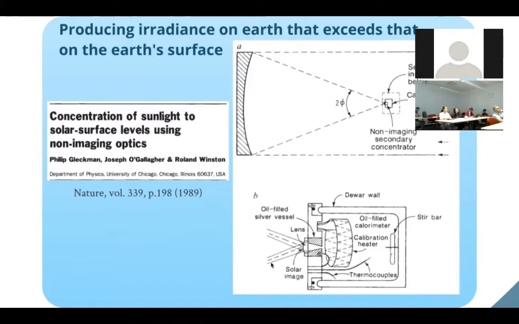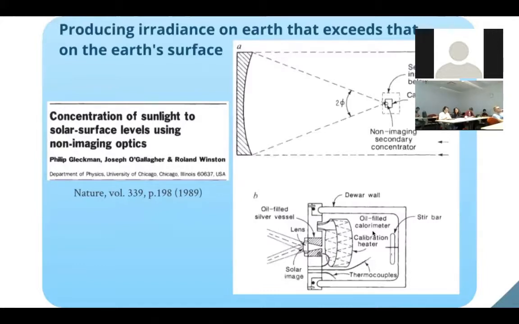So the light comes in. They basically have this concentrator. They call it a lens, but it's basically a modified CPC. An image of the sun is formed, of course, because this parabolic reflective concentrator does that. And they have an oil-filled silver vessel into which they put a calorimeter.